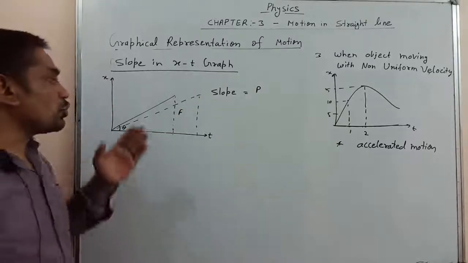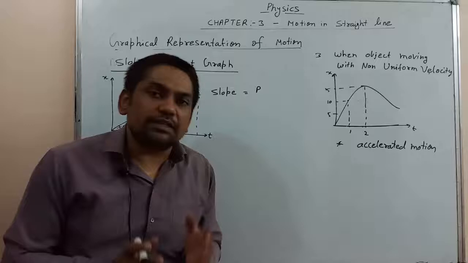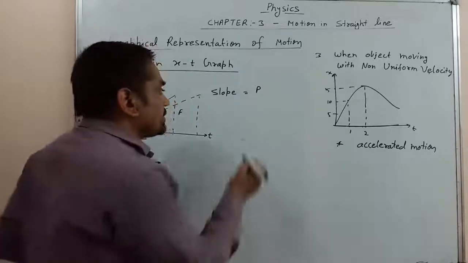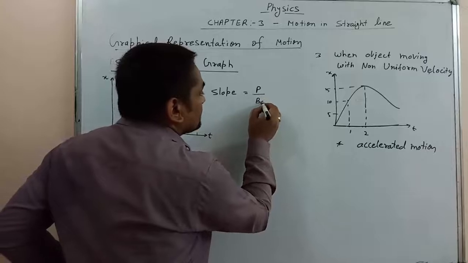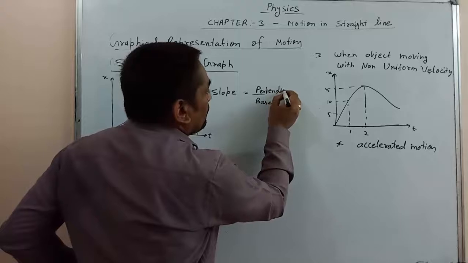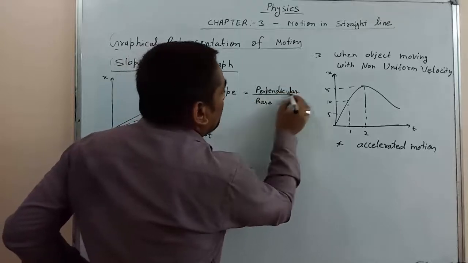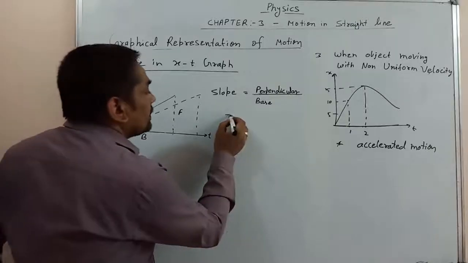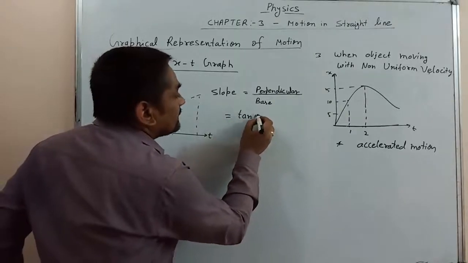We can say that the slope decreases when the base increases. That means the slope is inversely proportional to the base. So slope is perpendicular upon base. And we know that in mathematics perpendicular upon base is represented by tan theta.